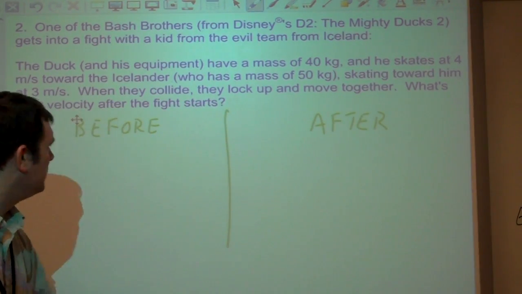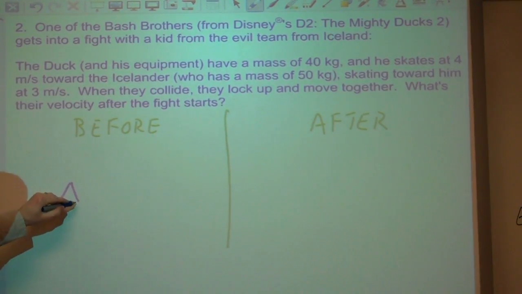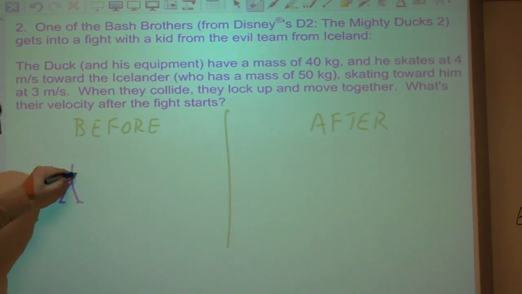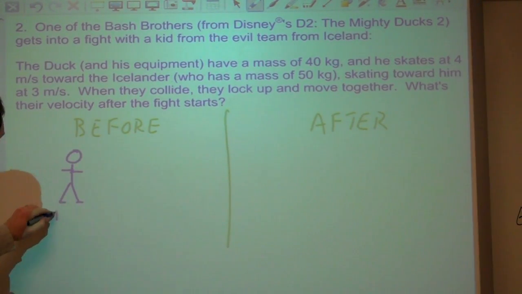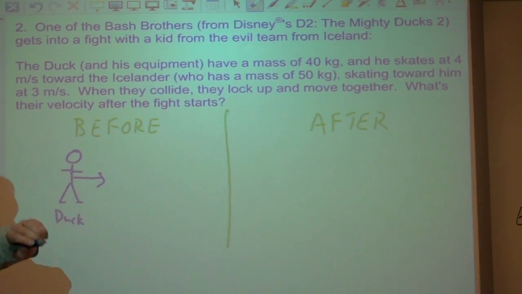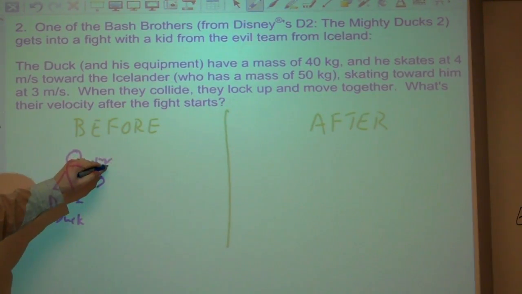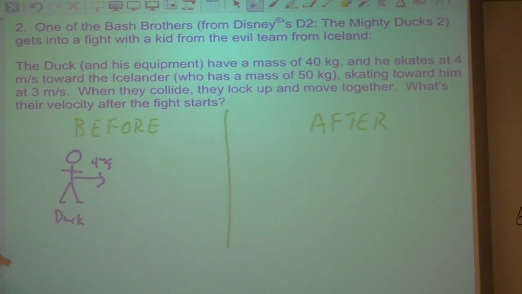And beforehand, here's a hockey player, I'll give him some skates. Here's a hockey player, that's my duck. And he's moving 4 meters per second, and there's nothing in the question that makes me draw him moving to the right. I just did because I have to pick one way or another.